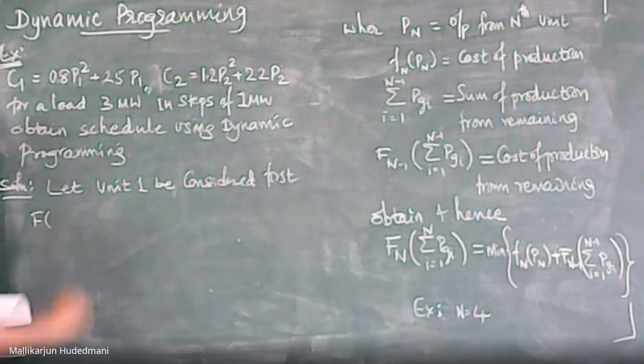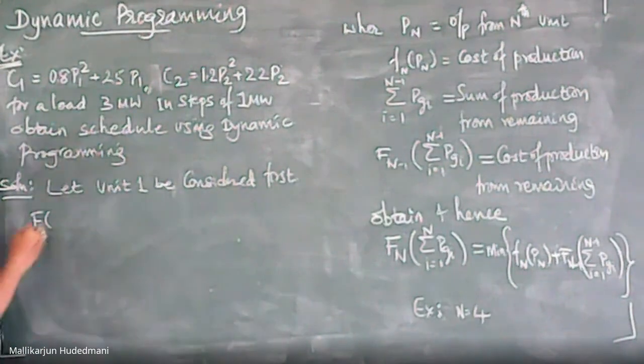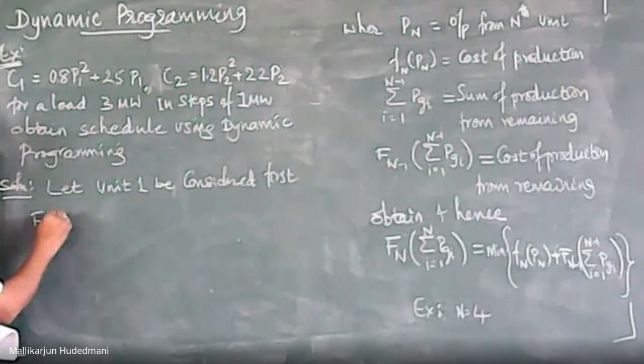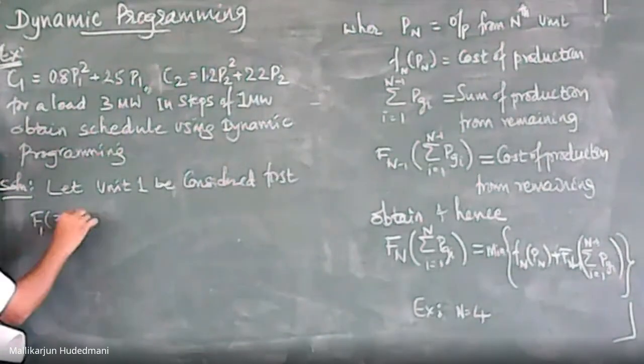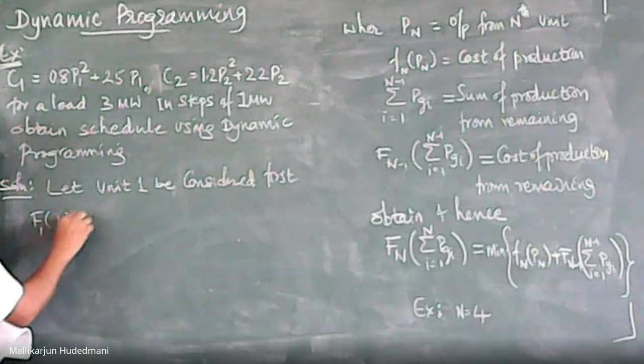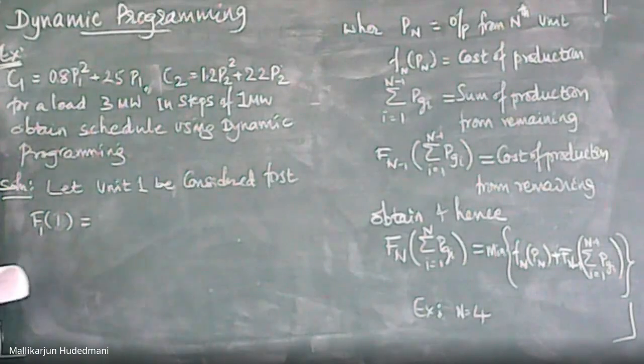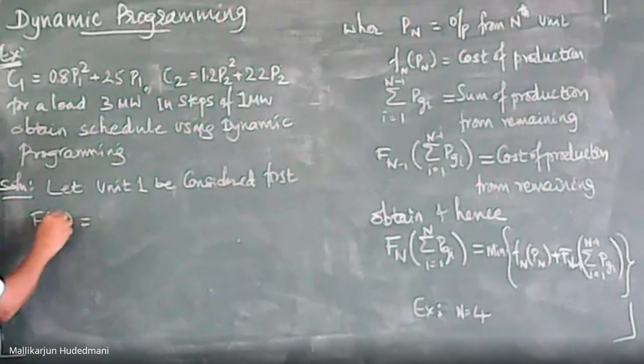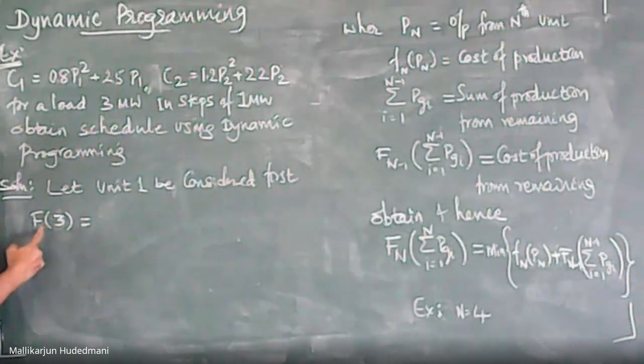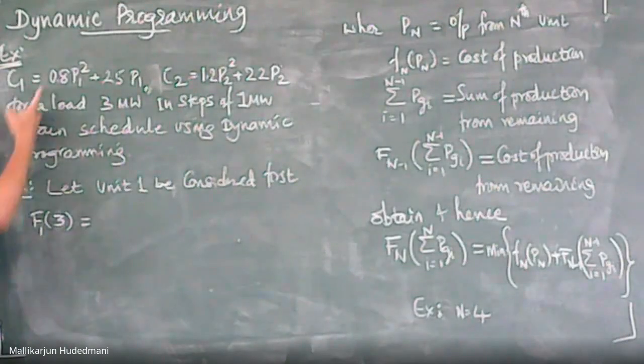I will make F on machine number 1 for 3 megawatt. Or 1 megawatt, whatever I want. I can calculate. Let me do 3 first, later I can do the others. What is this? The production cost for 3 megawatt on machine number 1.